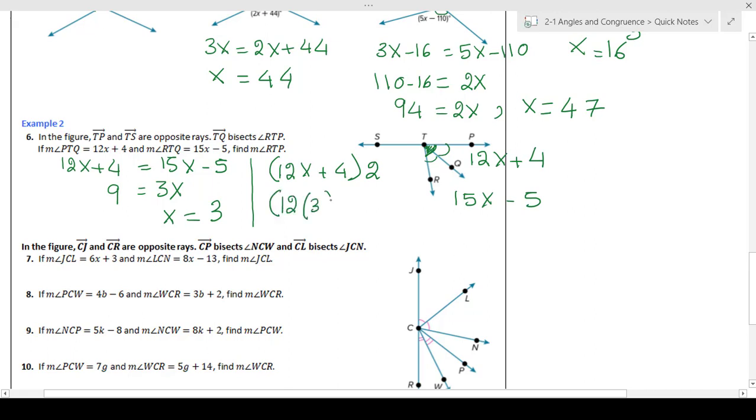So 12 times 3 plus 4, times 2. This will give me 36 plus 4, which is 40, times 2, which is equal to 80. The whole angle is equal to 80 because each one of the small ones is equal to 40.